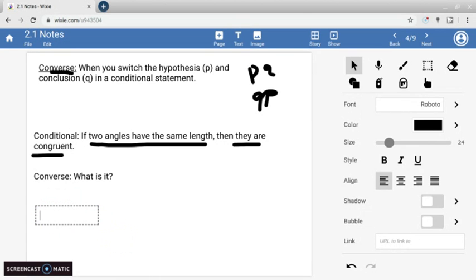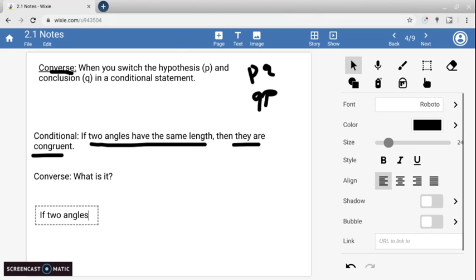You still keep the if and then, but you say, if two angles are congruent, then they have the same length.